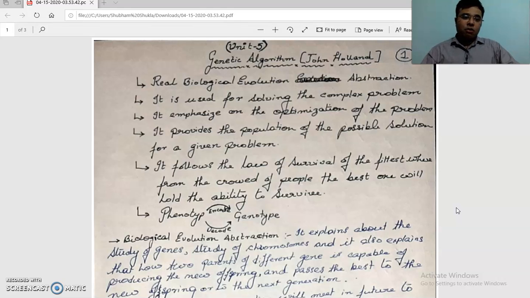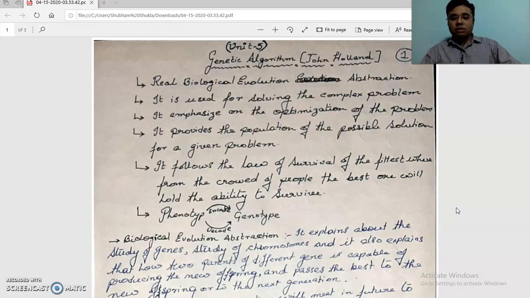As we have already discussed in machine learning in Unit 4 about instance-based learning, the algorithms based on instance-based learning are related to solving problems of classification. We have already used that type of learning algorithm for classification models, right?